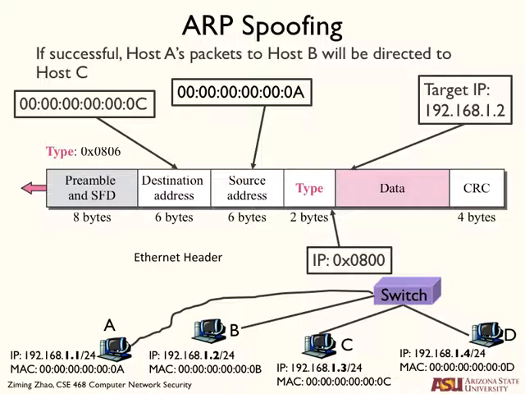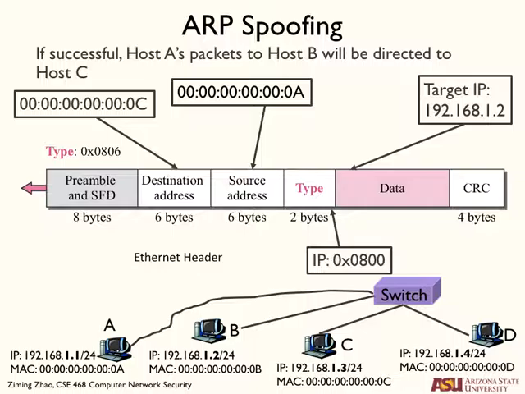This packet is actually delivered to C. Because host C is malicious, it is not going to compare whether this IP is really its IP. It will listen to everything and eavesdrop on everything. This is how, in a local network, host C can pull off an ARP spoofing attack.